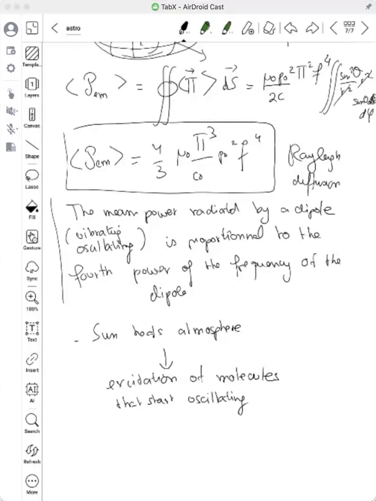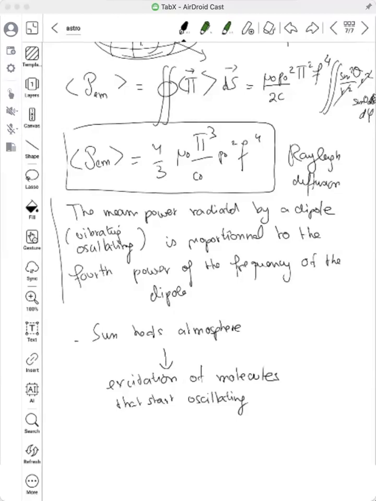And this is why you see light from the sky, not only when looking directly at the sun. You actually see light from every direction. Why? Because all these small dipoles have been excited in the atmosphere and they emit in all directions.